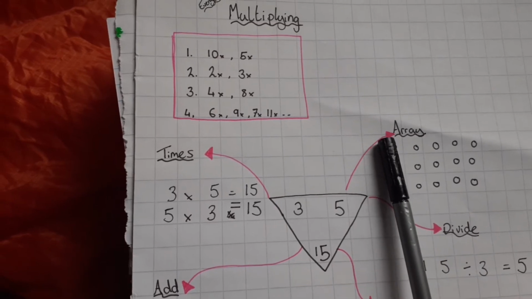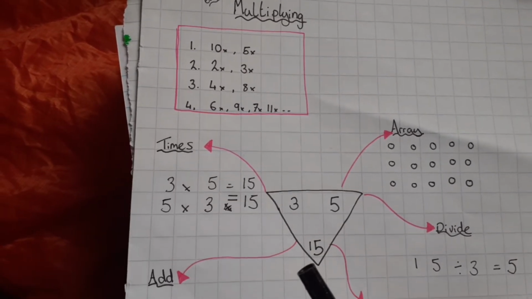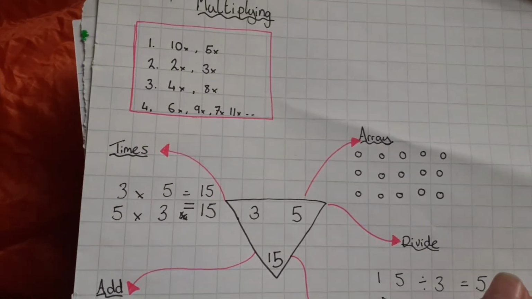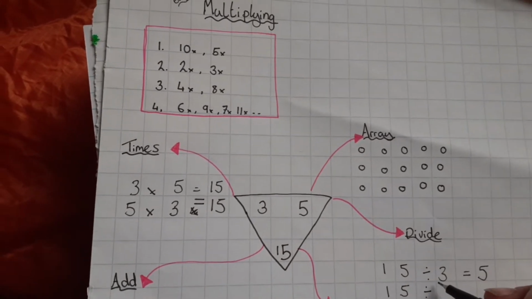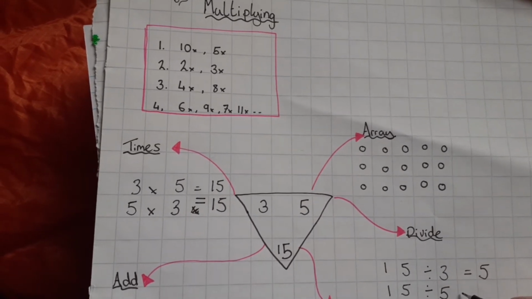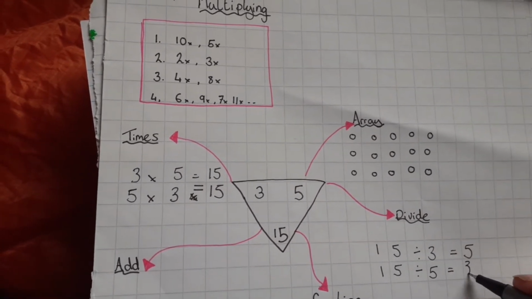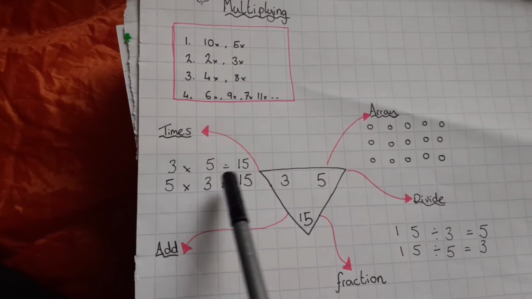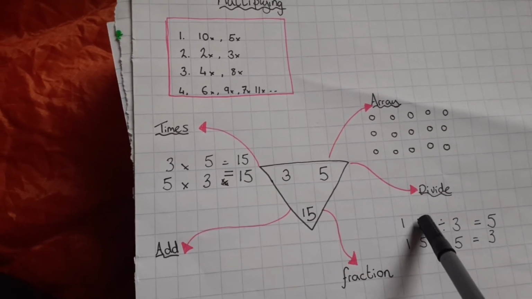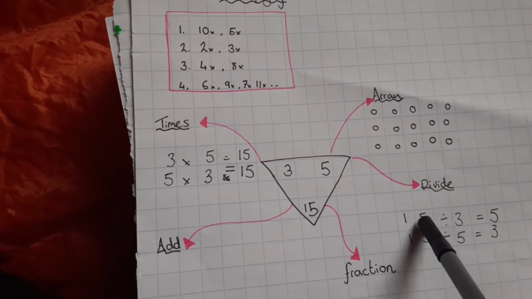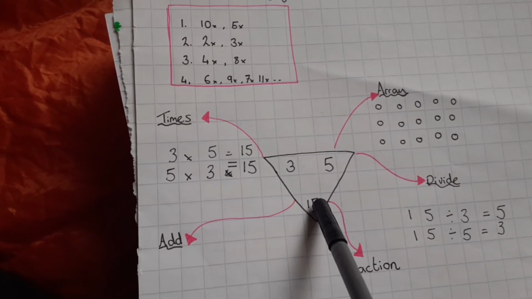Or, I've got 15. I split it up into 5 columns, and there were 3 in each column. I should be able to do all of these sums to go with this. I think the ones that people get most confused on are the divides. They forget to start with the whole down here.